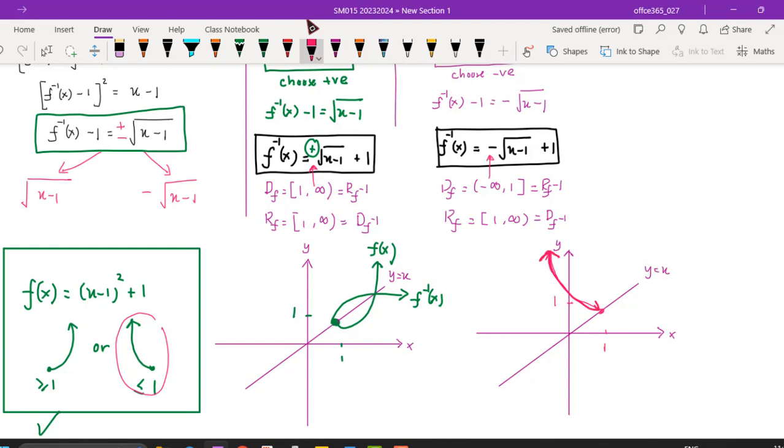Now we look at the function. The function is a negative square root, so it means it will be going down. This is the f inverse, this is the f(x). They still look symmetrical with respect to the line y equals x. This is how we sketch the two graphs on the same axis based on their domain and range.